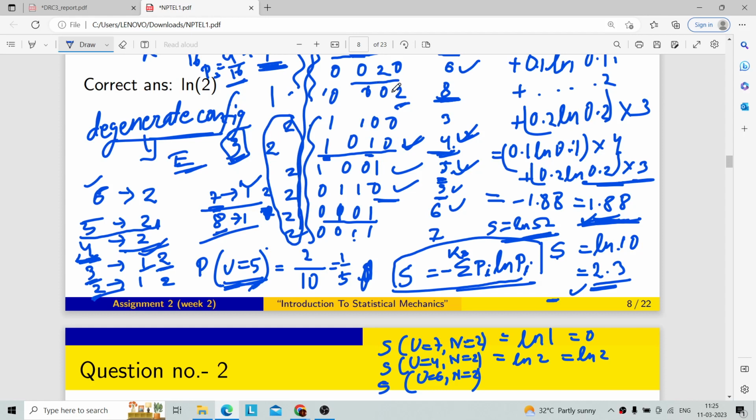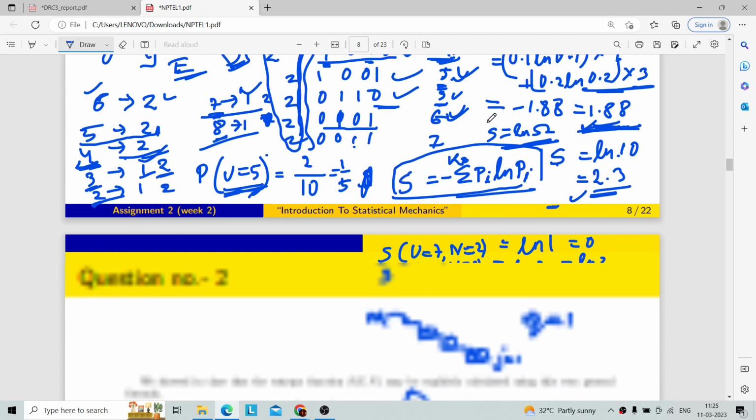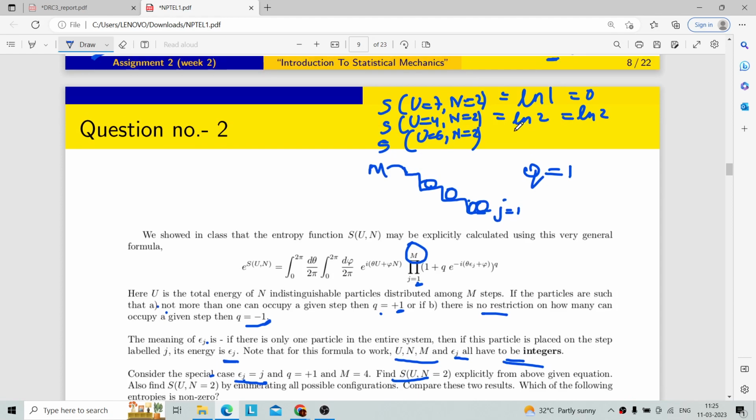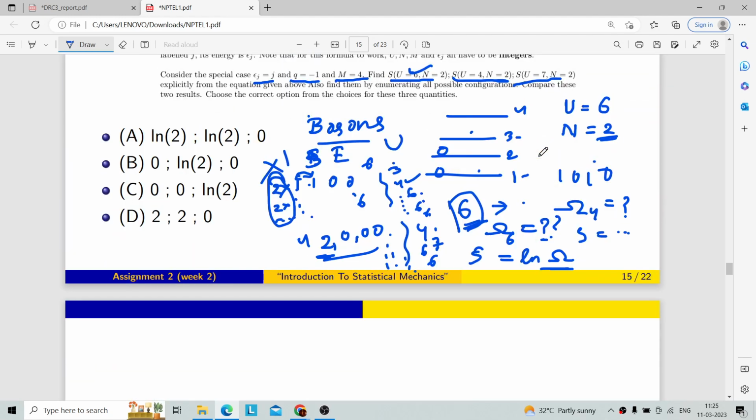So we already did for these things. So 2 6s we have, here 1 and here 1. Here this is also ln 2. So what will be the answer? 6 means ln 2, 4 means ln 2, and for the last one we are getting entropy 0. So this is the right answer.